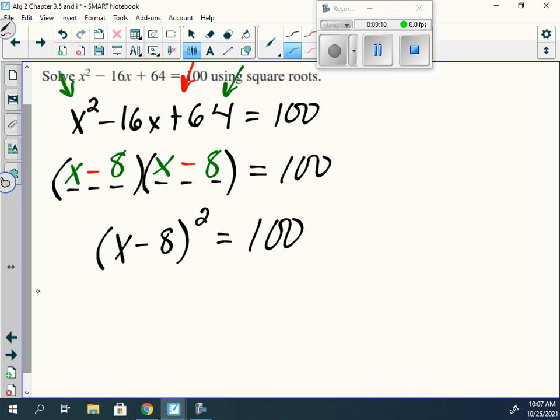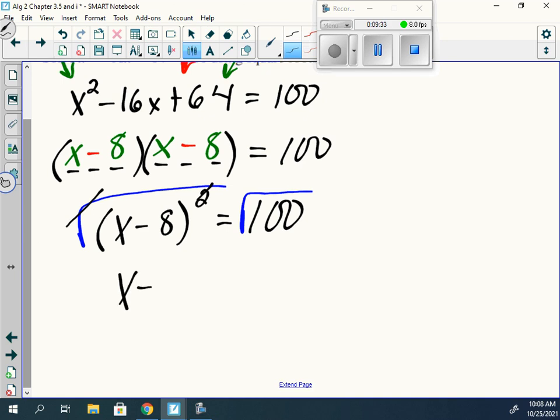So if I could rewrite the polynomial so that I get a set of parentheses squared, well, now we can use the square root method, yes? Because I have a set of parentheses squared is equal to something else, so we could square root both sides, because the square root and square would cancel, leaving us with x minus 8 is equal to plus or minus 10.